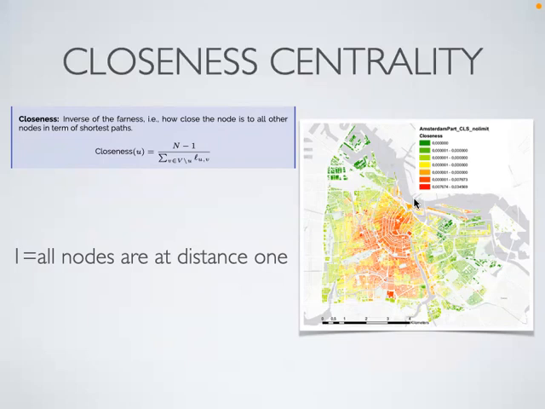The red are the most important values, and the nodes of highest importance are in the city center, because you have this half-circle shape. The most central are around the old city center. So we see that it allows us to identify important nodes in this way.